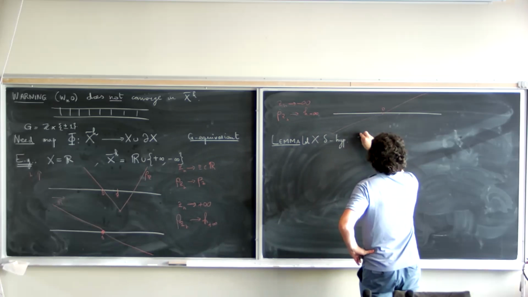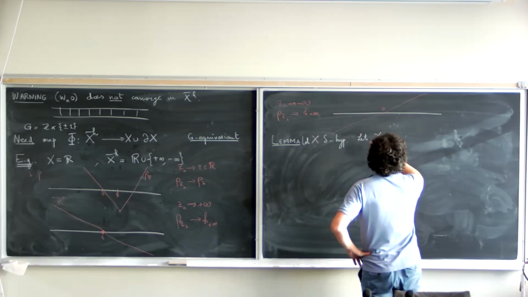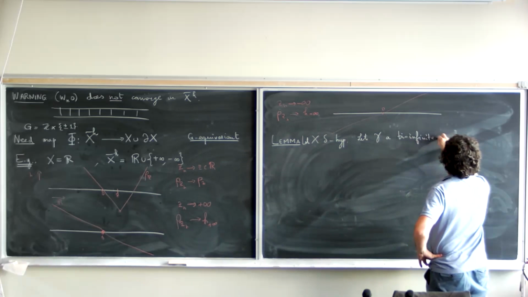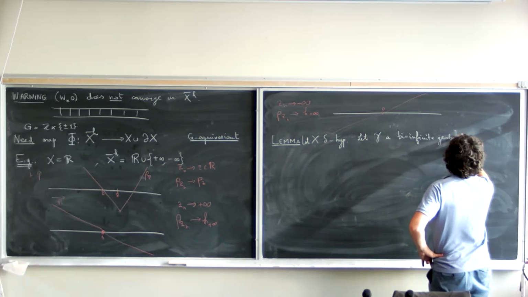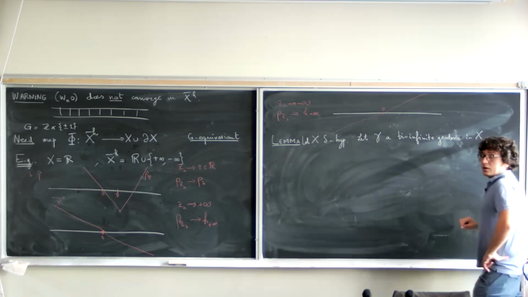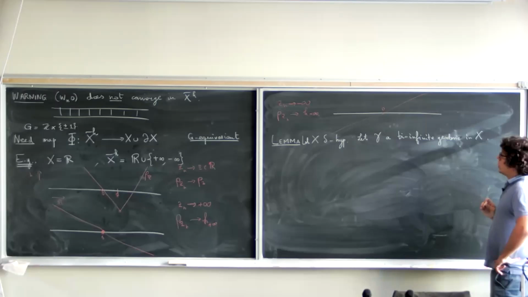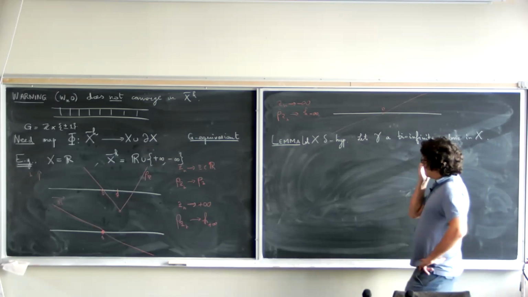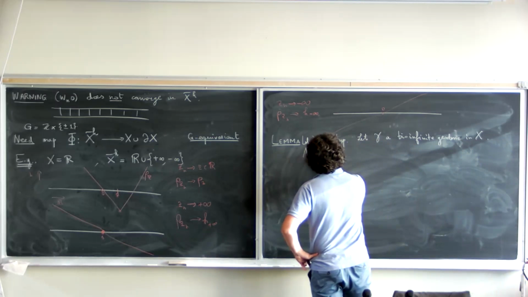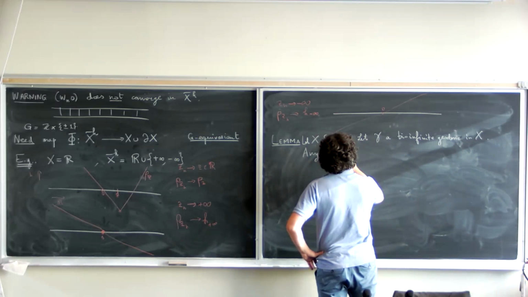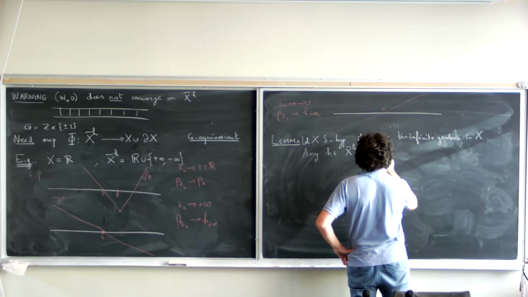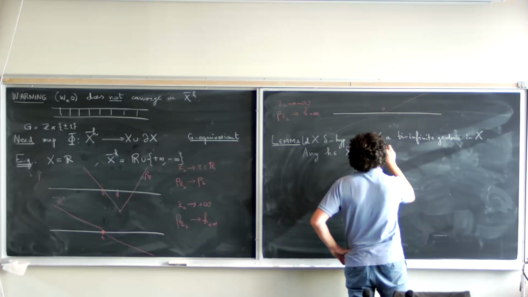And then we say let gamma be a bi-infinite geodesic in X. And now let's take any h in the Horo function compactification; it satisfies one of two things.